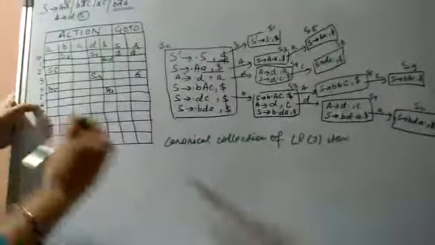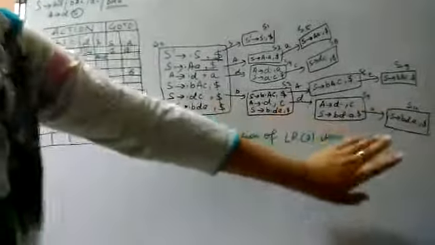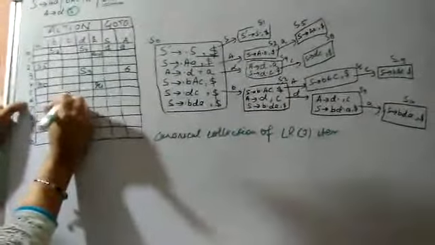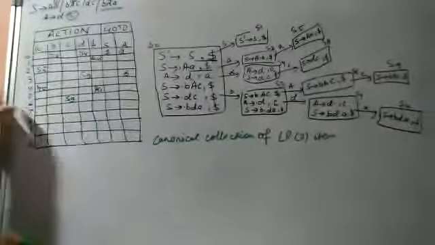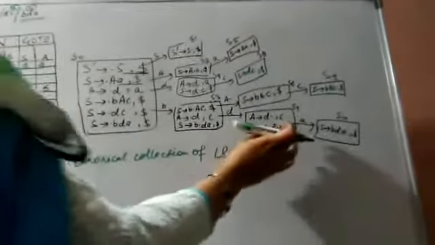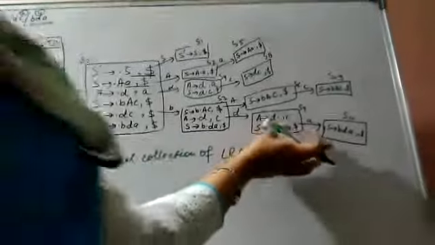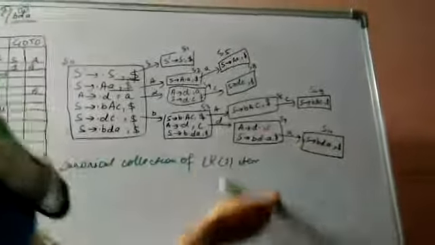Now sixth state to C S9, and now 7. Here also 2 production rules have been given, and one has ended and second is further expanded.